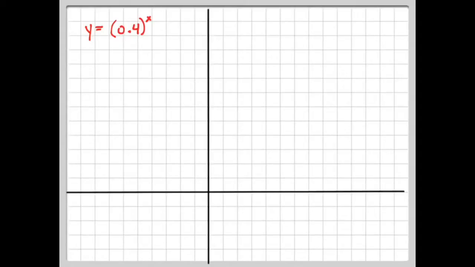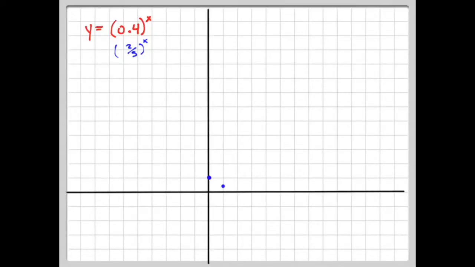So again, we have a graph that starts at 1 because our a is 1. There's no extra starting value there. As we go to the right, we're going to multiply by 0.4, but it might be helpful to rewrite this as a fraction, which is 4/10 or 2/5. So we're multiplying by 2/5 as we go to the right.